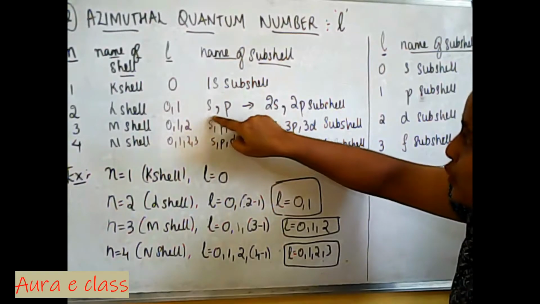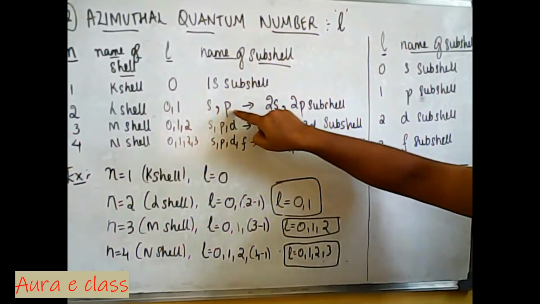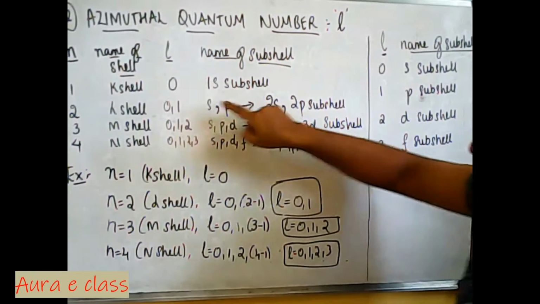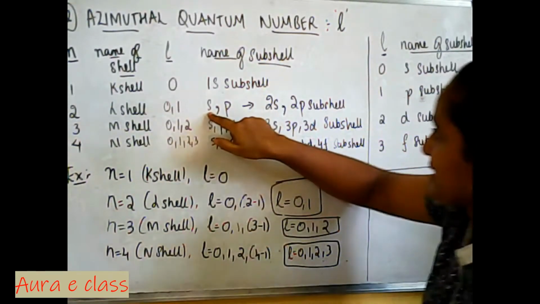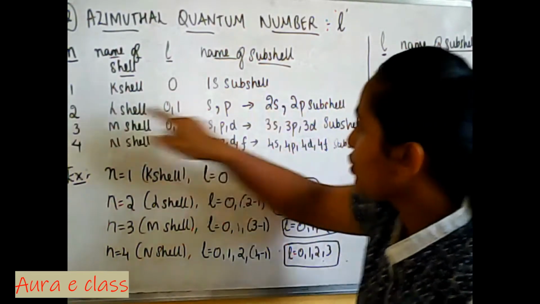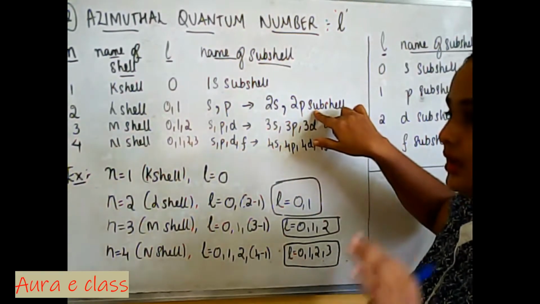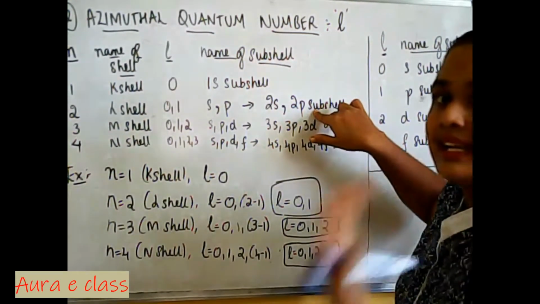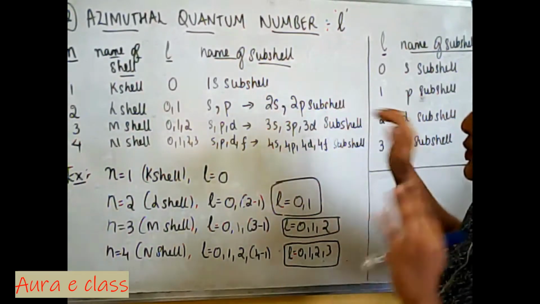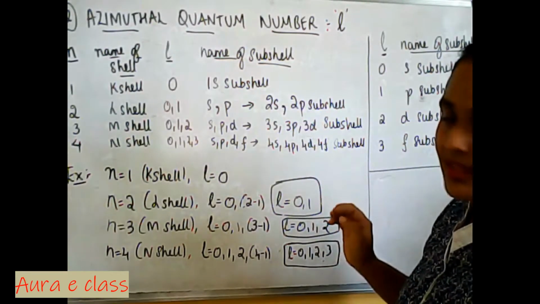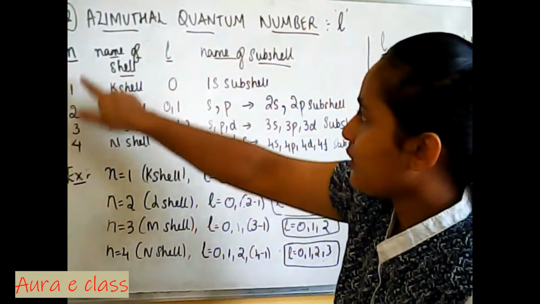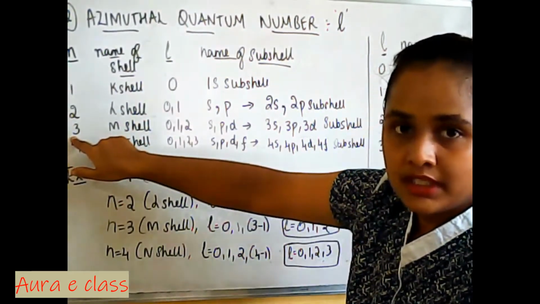So we have two subshells, s and p. So we are writing it as 2s, 2p subshell. This is very important to know because while you write the electronic configuration, this will help you a lot.